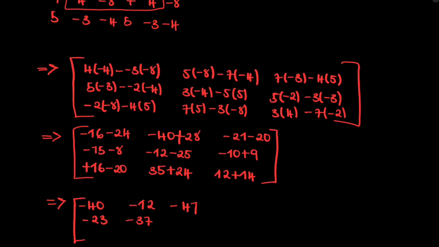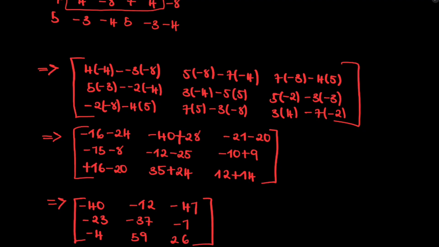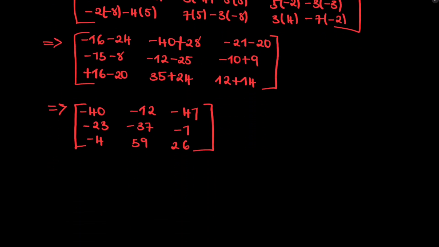Minus 10 plus 9, minus 1. Plus 16 minus 20, so minus 4. 35 plus 24, we have 59, and 12 plus 14, 26. Now that is our matrix, that is our cofactor matrix.